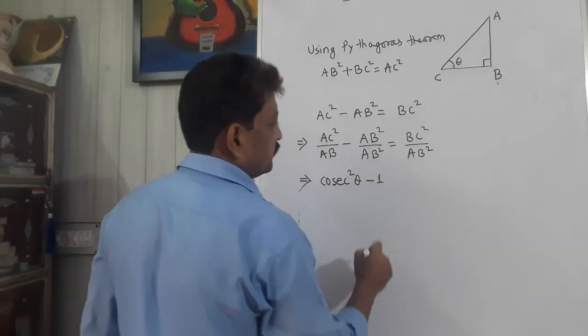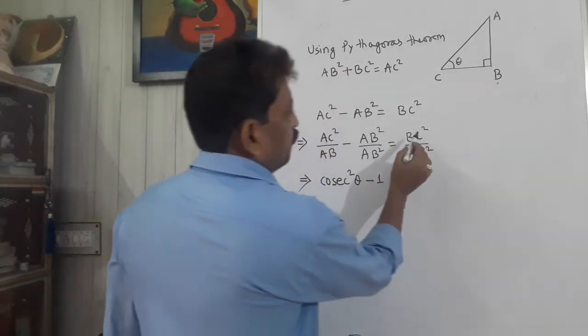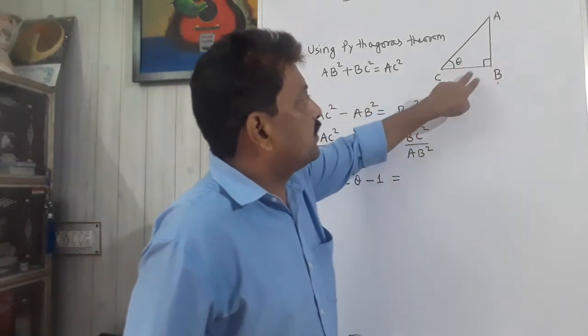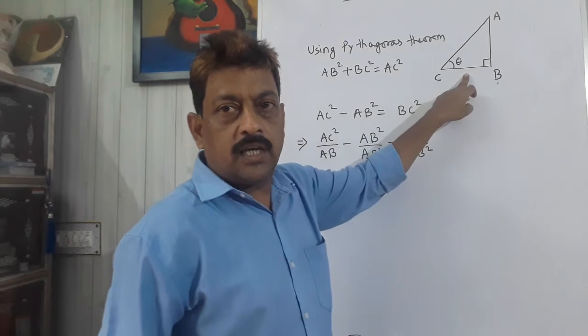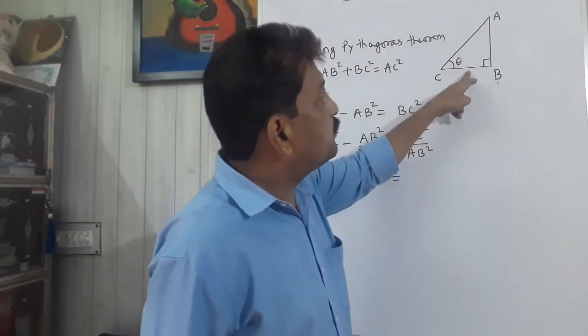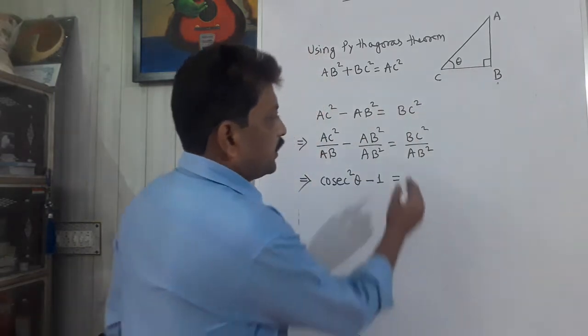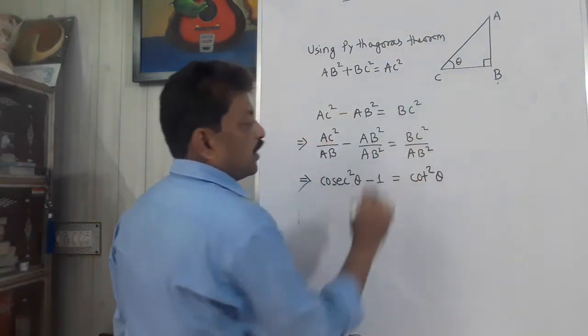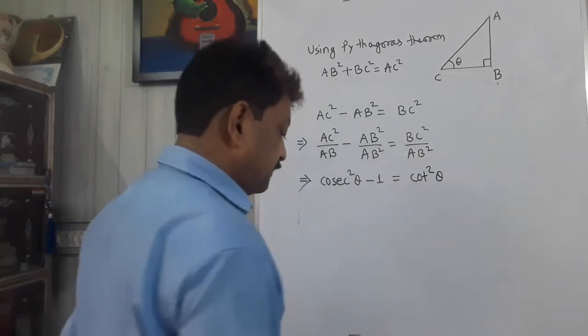So it is 1 equals BC square upon AB square, base square upon perpendicular square. So that is cot theta, because tan theta is perpendicular upon base, so cot theta is base upon perpendicular. Therefore this will be cot square theta. Square is there, so it is cot square theta.